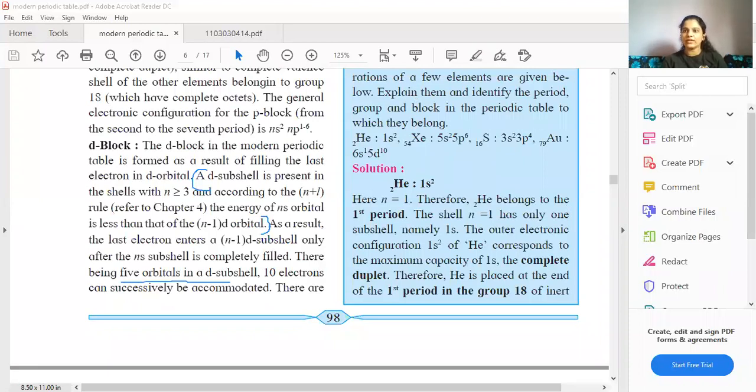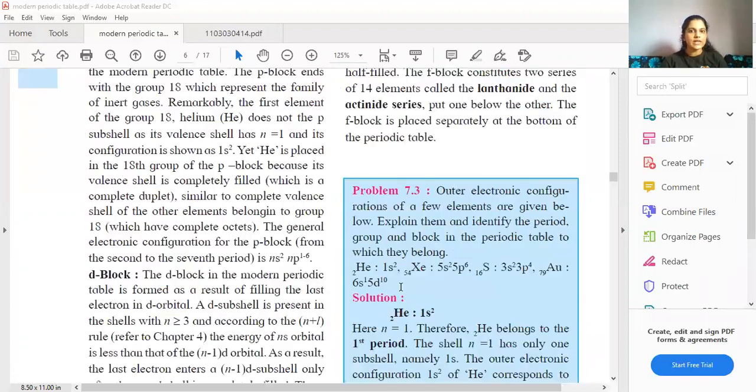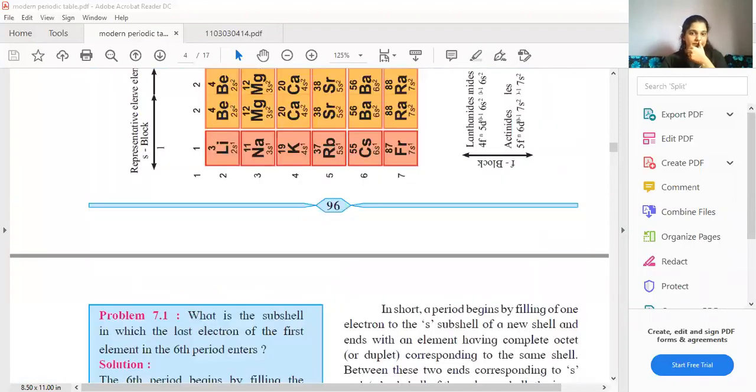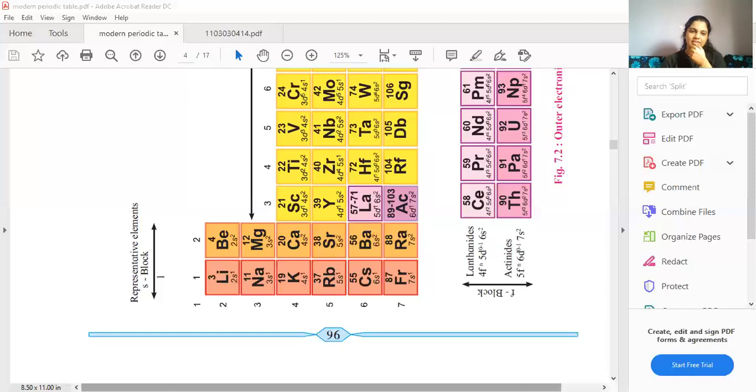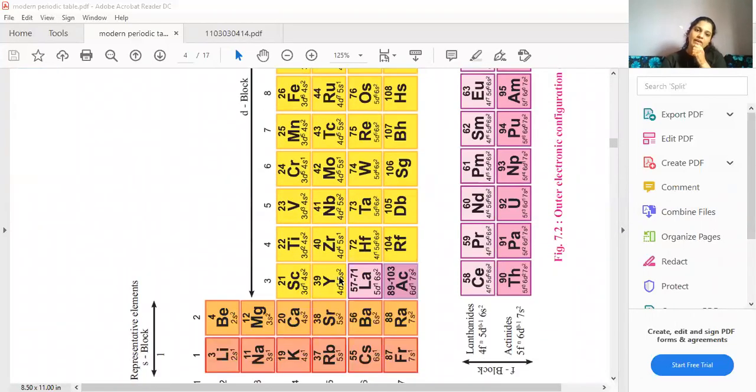I'll just go to figure 7.2. Just a minute, students, we'll clear this doubt quickly. Vaishnavi, if you could unmute and ask, it would be great. Please ask your question again.